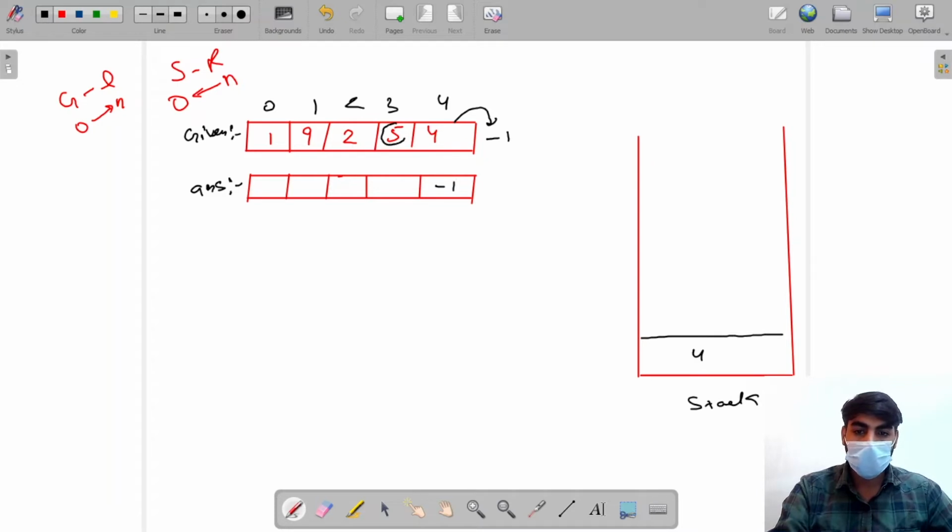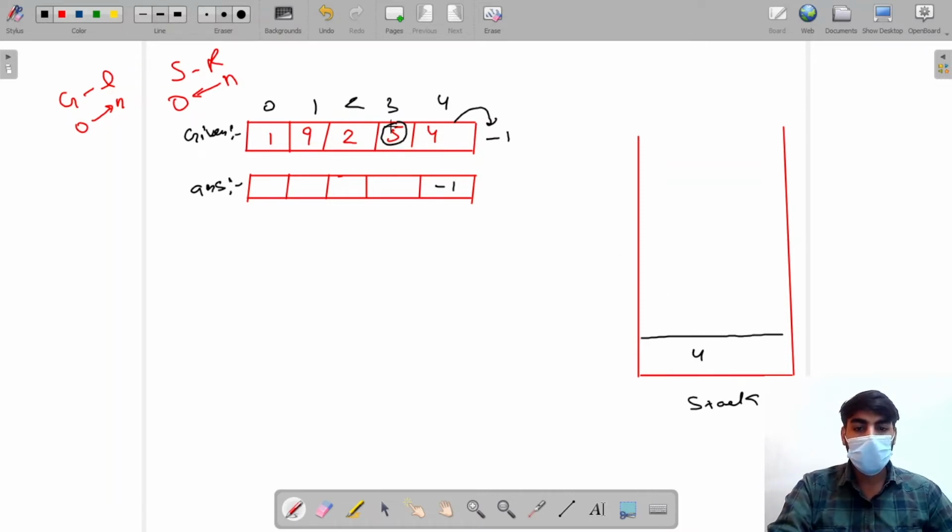Okay, for 5 we have to find the next right element, which is 4. So for that we go to our stack and check. We have two types of numbers. Before we push that element in our stack, we check our condition.